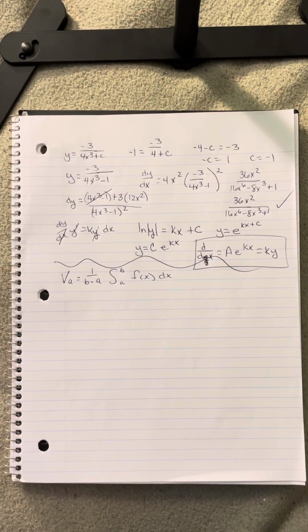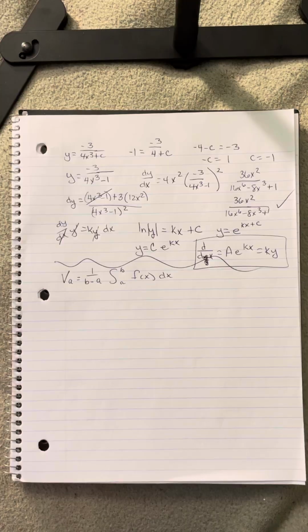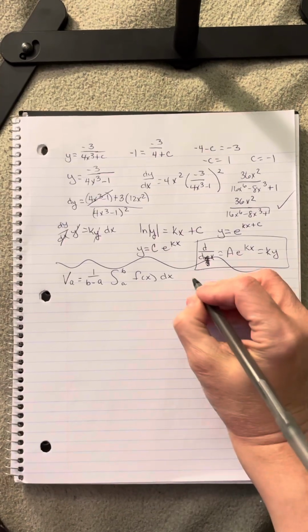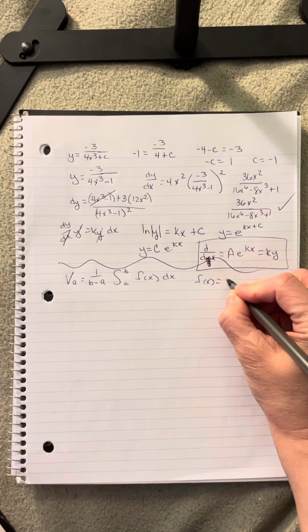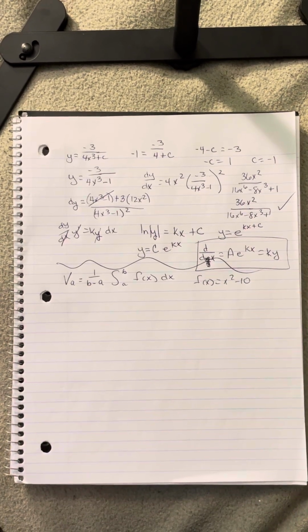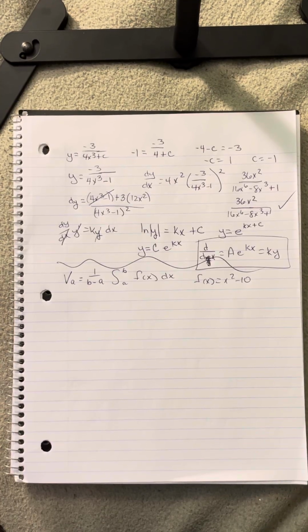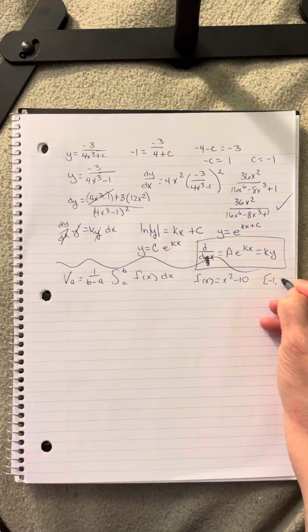Now, example 1 says, find the average value of the function f of x equals x squared minus 10, on the interval between -1 and 2.